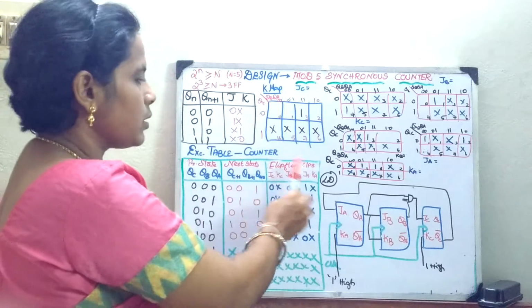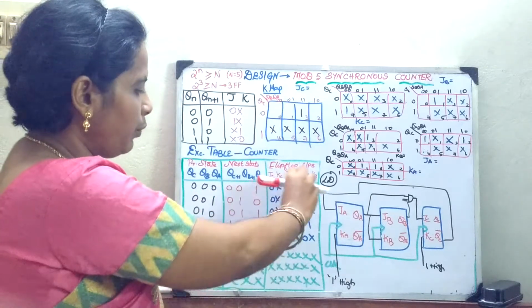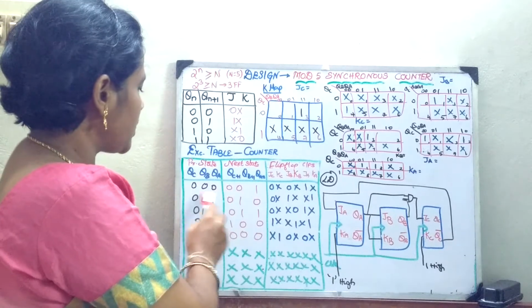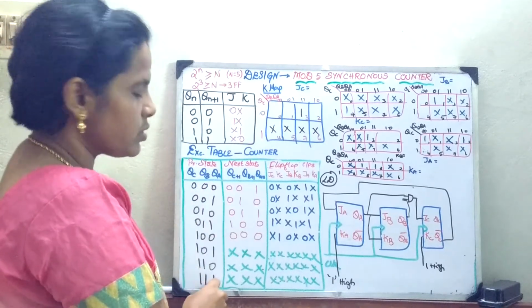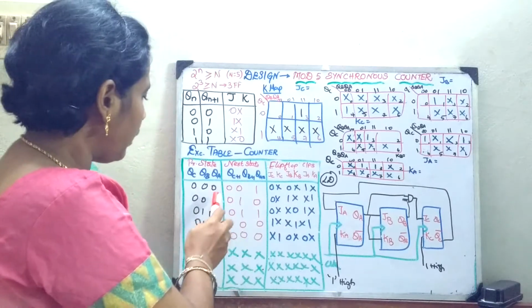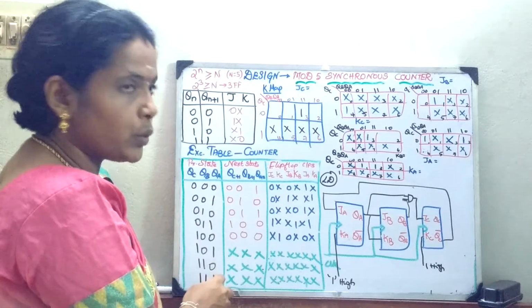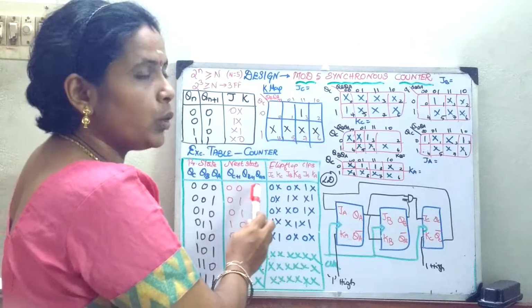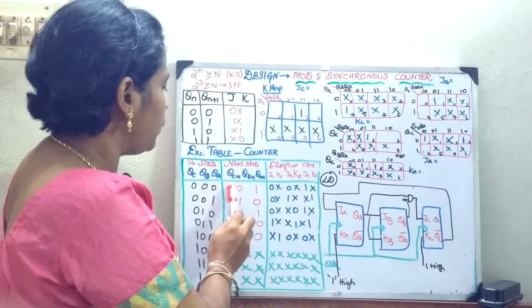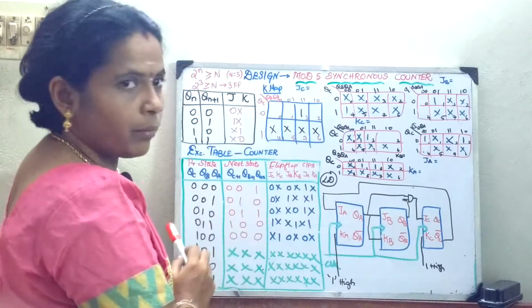Now fill this row. Then you have to fill this column. How to fill? Since we have 3 states, just write the data from 000 to 111, that is 0 to 7. So, 8 states done with. Now the next step. Here I have written all the states from 0 to 7. How will I write the next state? If this is going to be 0, what will be the next state? 001.